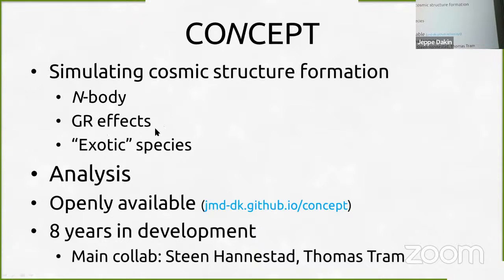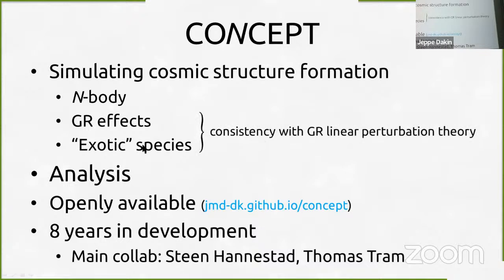And here I just put exotic species like neutrinos, for example. Right, and together, these 2 extra things make the simulations consistent with linear perturbation theory. So not only can we do nonlinear stuff at the low scale, but we can also still be consistent at the large scales where GR is important.